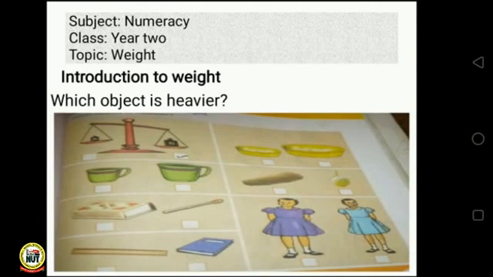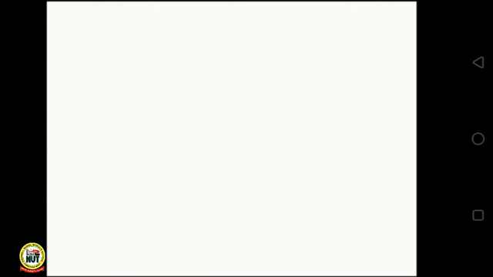We have a ruler and a notebook. You see two objects in pairs, isn't it? One is big, one is small. If you observe very well, the one that is big is heavier than the other. So that is going to lead us to the definition of weight.